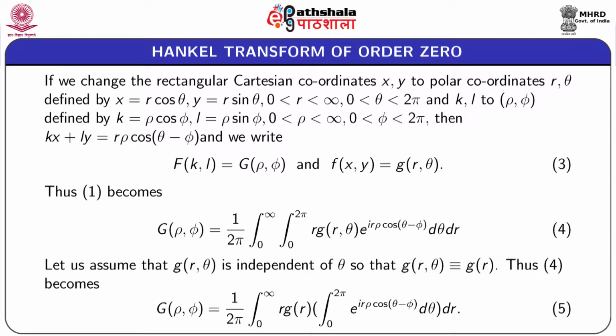Let us assume here that small g(r, theta) is independent of theta, so that we can write it as g(r). Then equation 4 becomes capital G(rho, phi) equal to 1 by 2 pi integral from 0 to infinity r g(r) integral from 0 to 2 pi e to the power i r rho cos(theta minus phi) d theta dr, as given by equation 5.